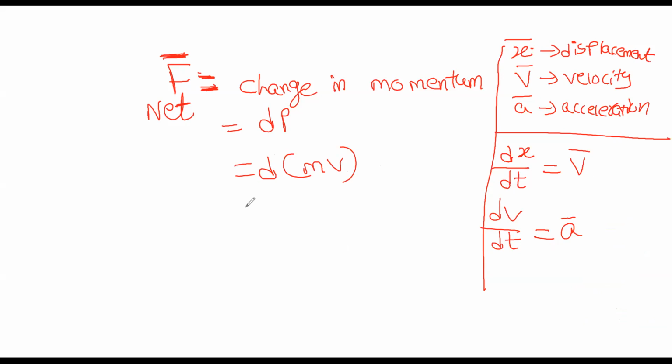Yeah. Actually, there is a formula for this differentiation also. Differentiation of AB, where A and B are two functions: differentiation of A into B plus A into differentiation of B.